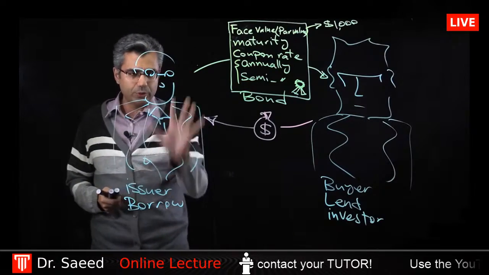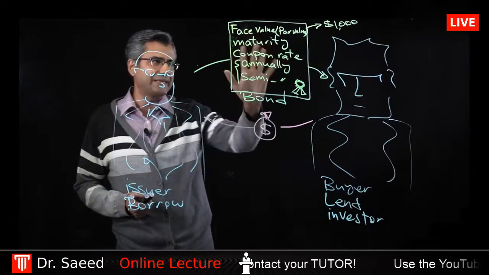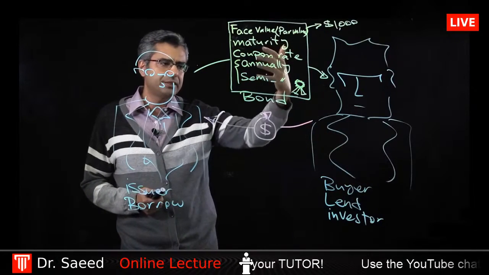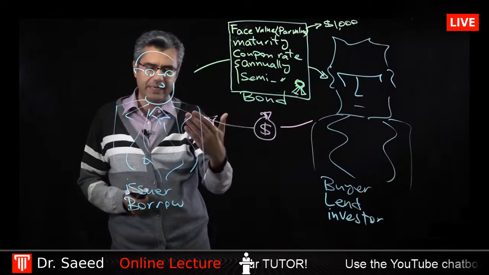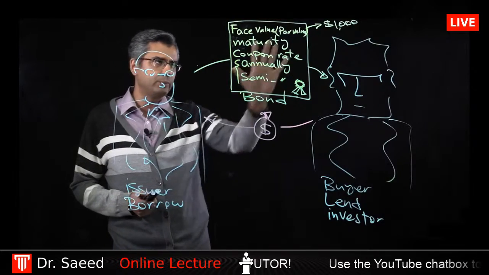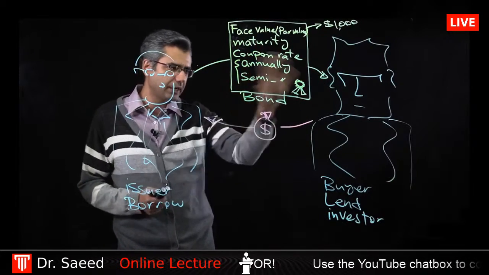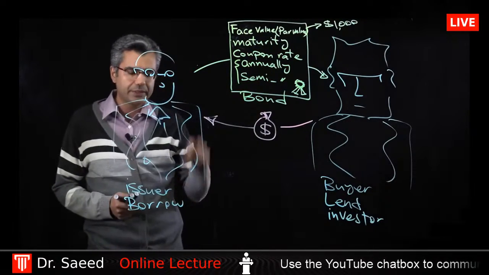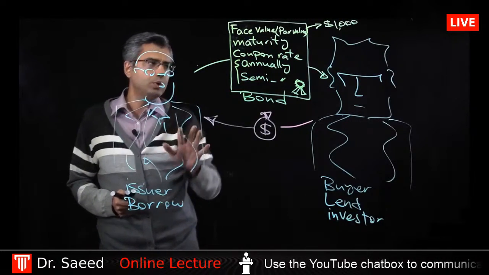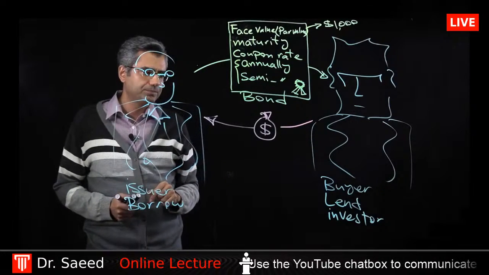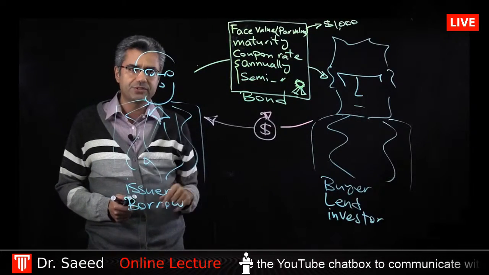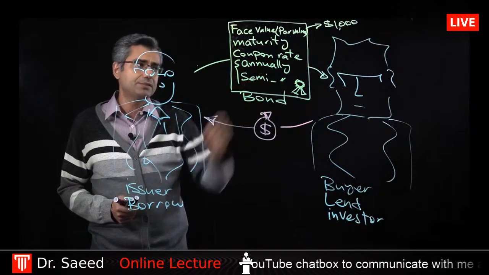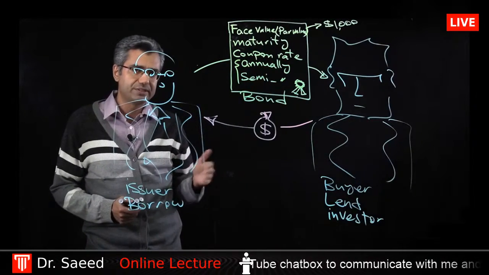So the borrower or issuer prepared this contract and sells it in the market. An investor can buy this, meaning the person will pay money to the issuer. Then later, based on the terms mentioned in the contract, the issuer needs to pay the investor the coupon, meaning the fixed payment every year or every 6 months.